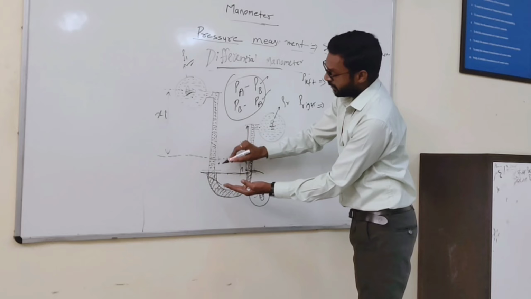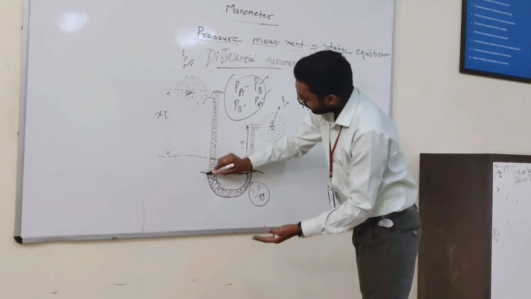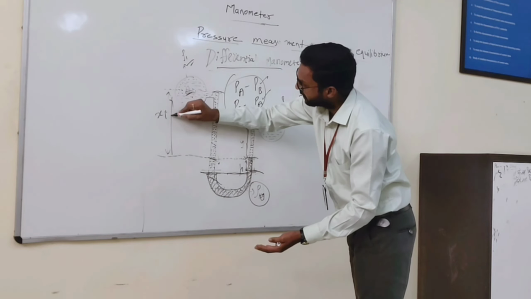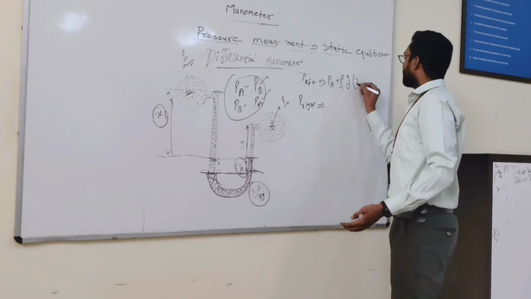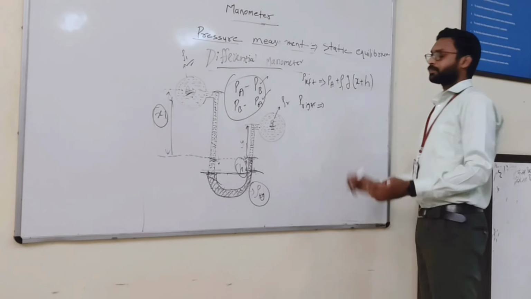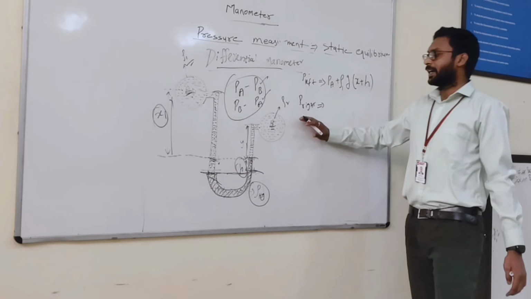The height of the liquid in the left side, from here to here the height is X, and from here to here the height is H. That is X plus H. Now the right side liquid.